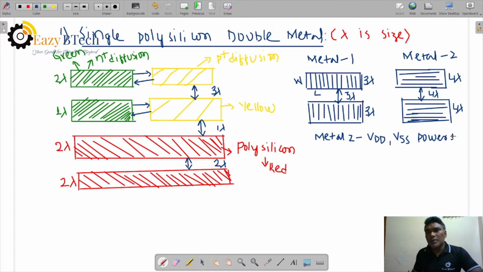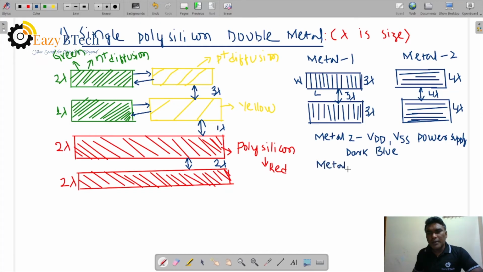When you are designing an NMOS transistor, for VDD and VSS connections you can use metal 2 horizontal lines, dimensions 4 lambda by 4 lambda, and metal 2 to metal 2 separation is 4 lambda. The color is dark blue. Metal 2 is dark blue, metal 1 is blue.